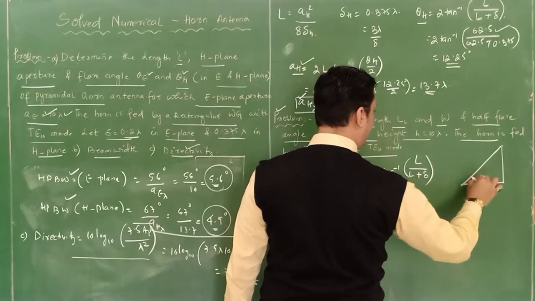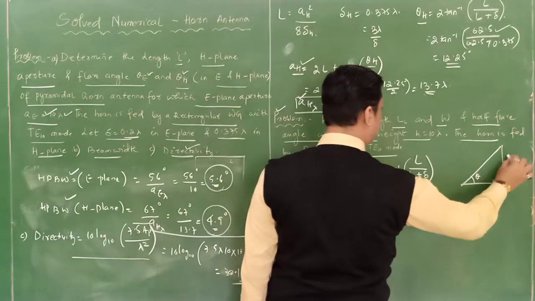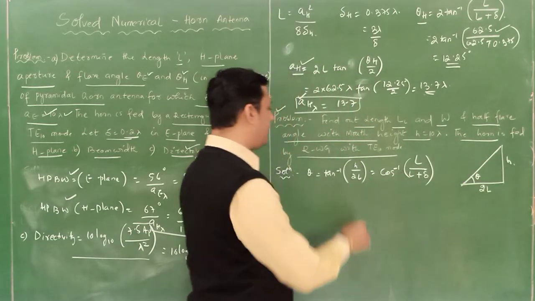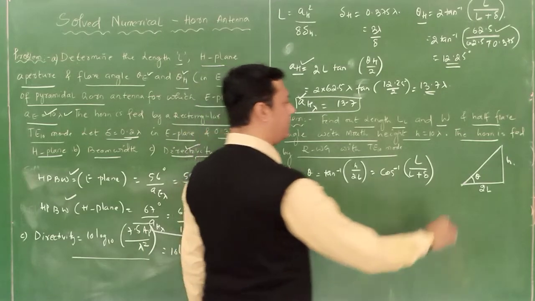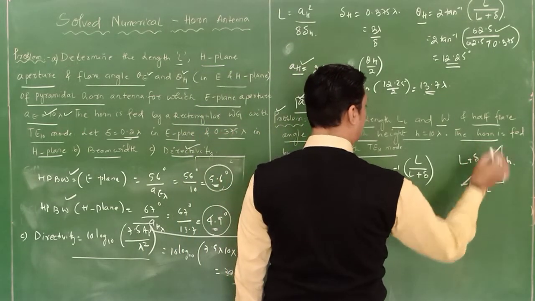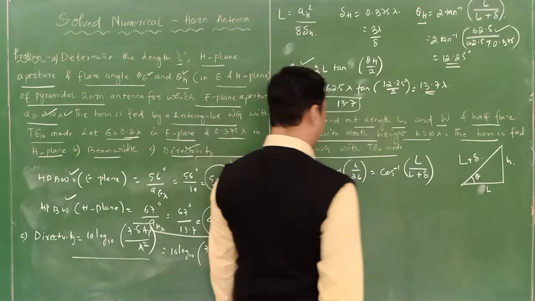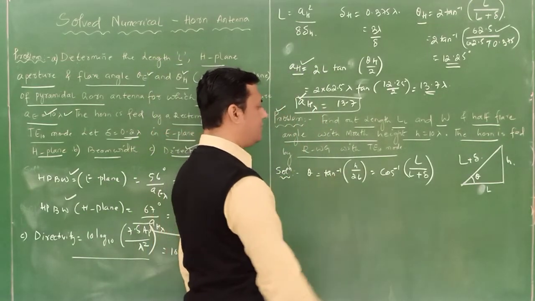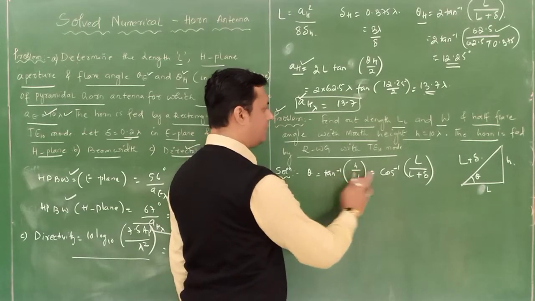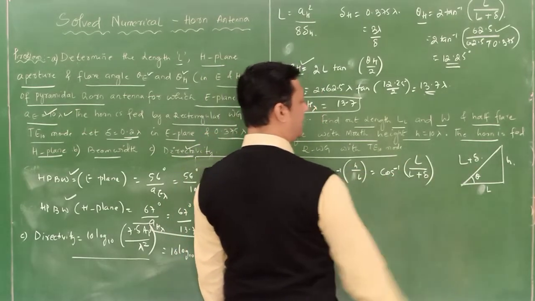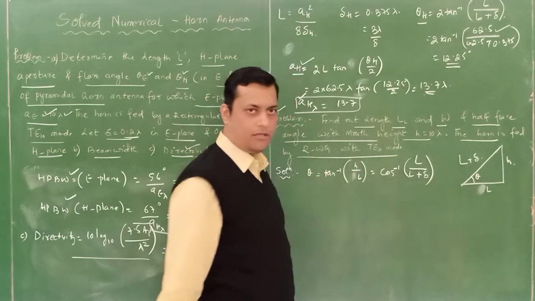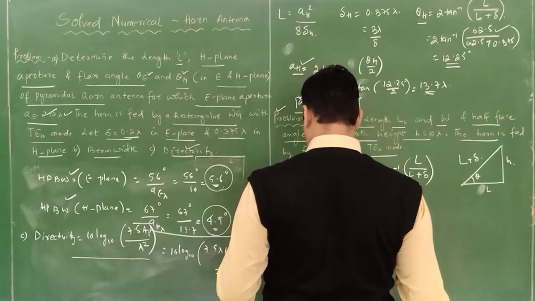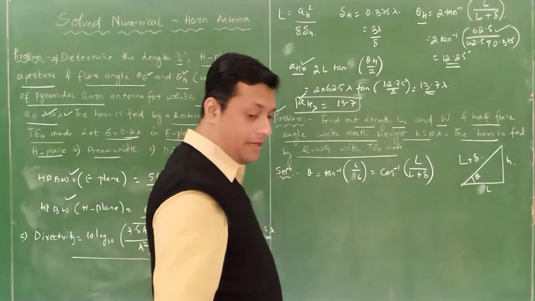This is my triangle, this is theta, this is H and this is 2L. So it is tan inverse of H by L, or cos inverse of L by L plus del we can write. So it is a base by hypotenuse. Now we will see how to solve and how it will help us to determine the values.